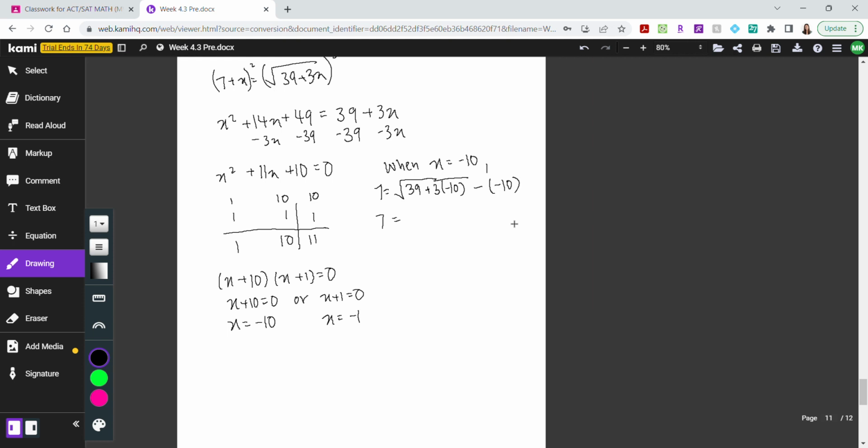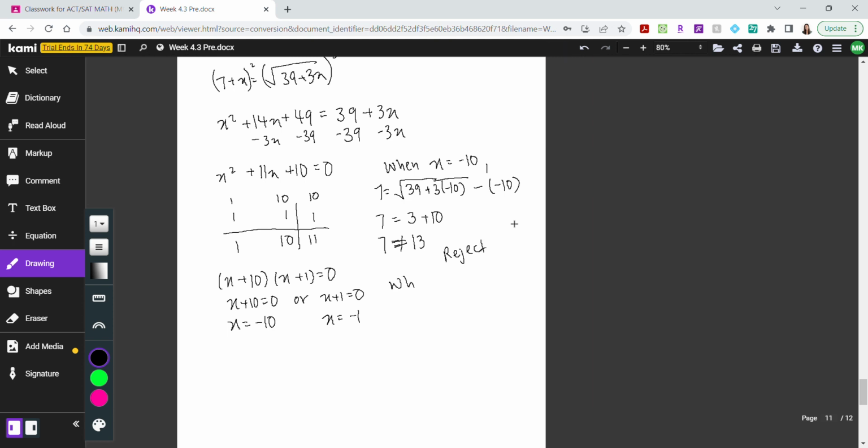Once we solve everything on this side, so just plug it into a calculator, this will give us 3 plus 10, 7 equals 13. But wait, 7 is 7 and 13 is 13. 7 is not 13, so that means this is false. So we're going to reject this solution.